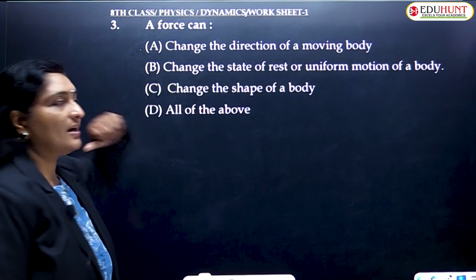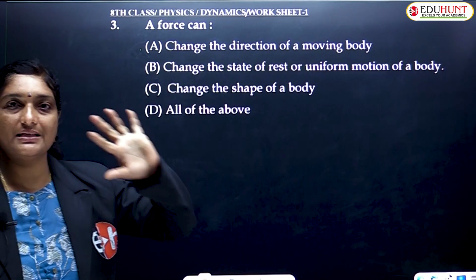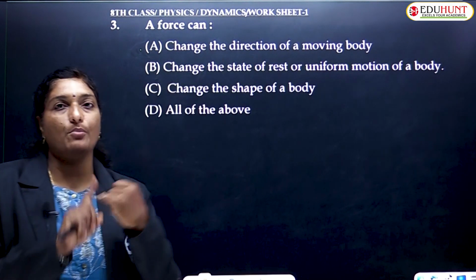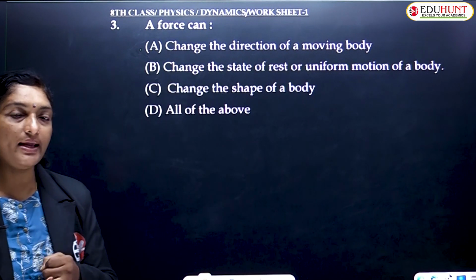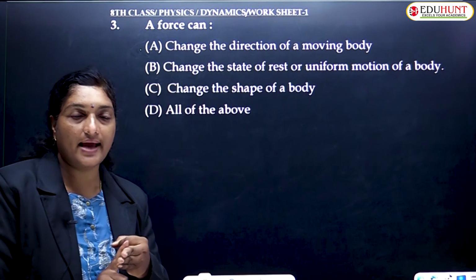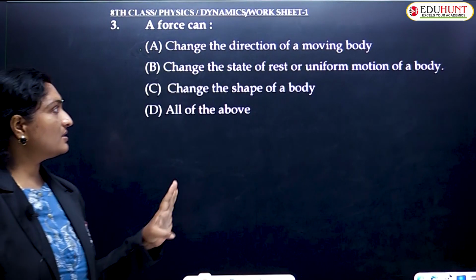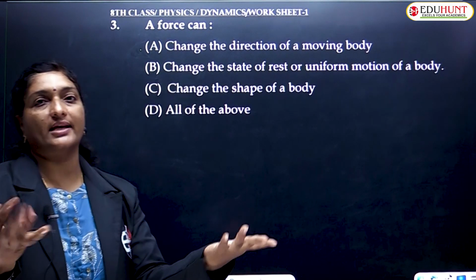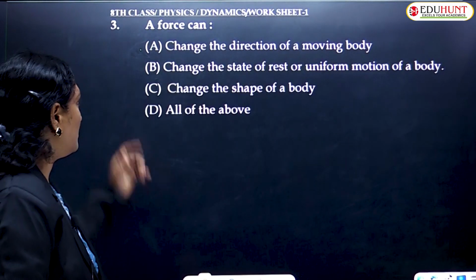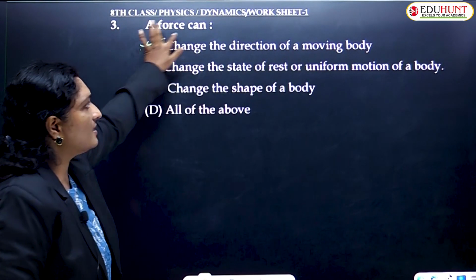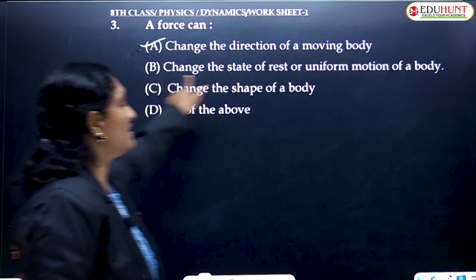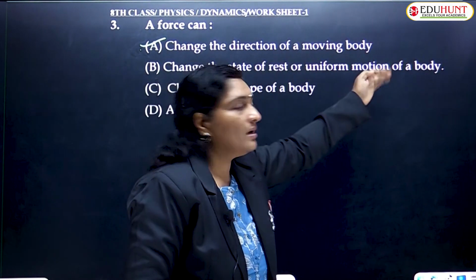Moving to the next question: a force can... Just now I told you what a force can do, six cases. Force can make a body move, force can make a body stop, force can change the direction of a body, force can increase or decrease the speed of a body, force can rotate a body, and force can change the shape and size of a body. What is given? Yes, it can change the direction of a moving body, it can change the state of rest or motion.